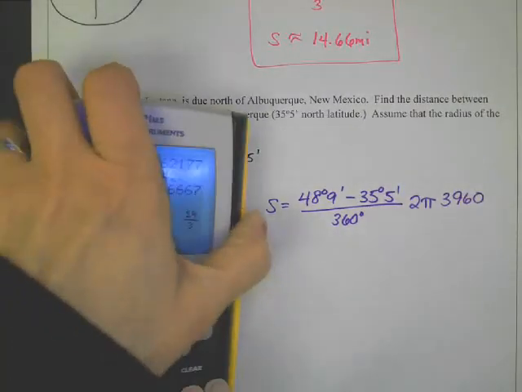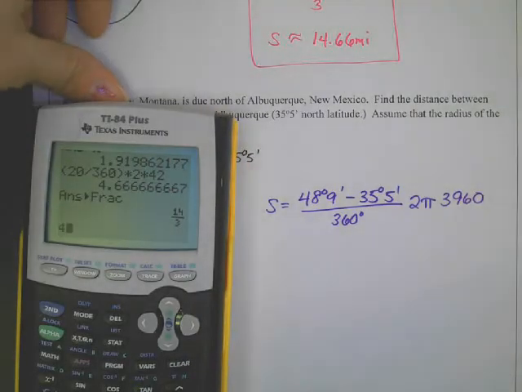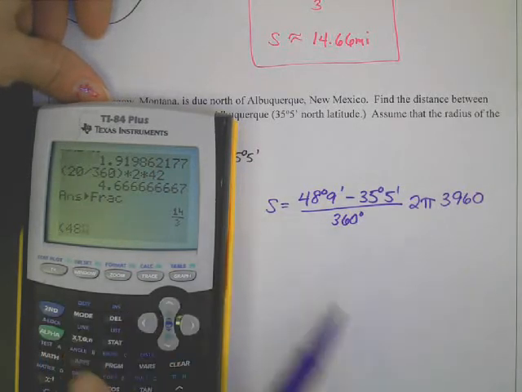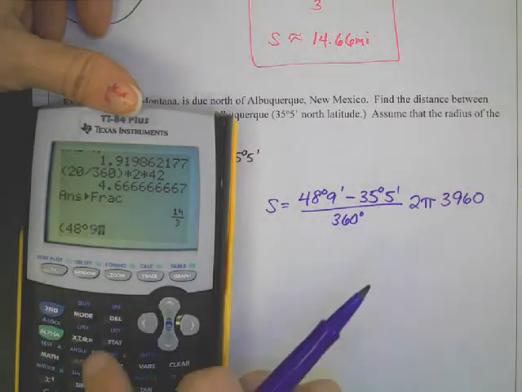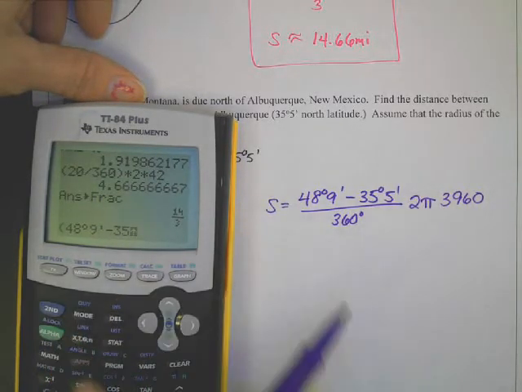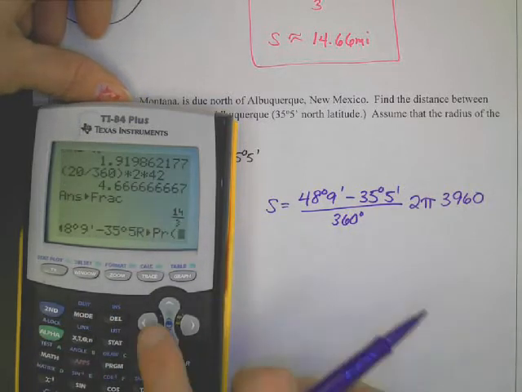3960. Okay, let's try doing this one. 48, let's use parentheses here. 48 degrees 9 minutes. I'm going to subtract 35 degrees 5 minutes.